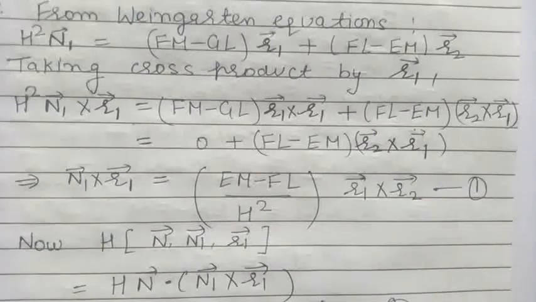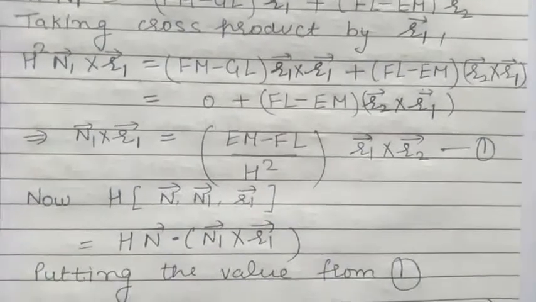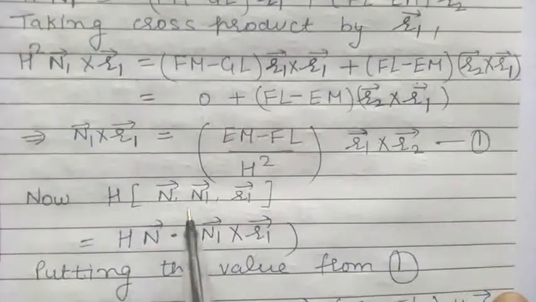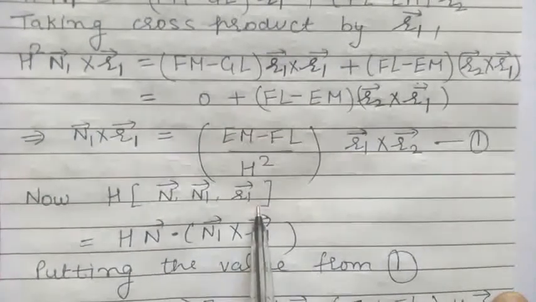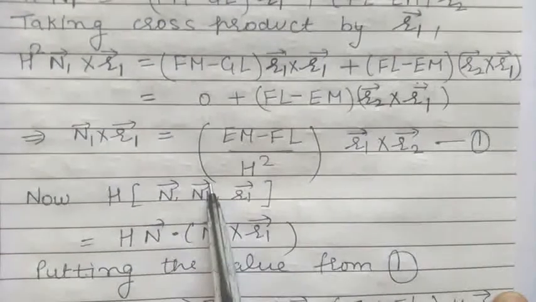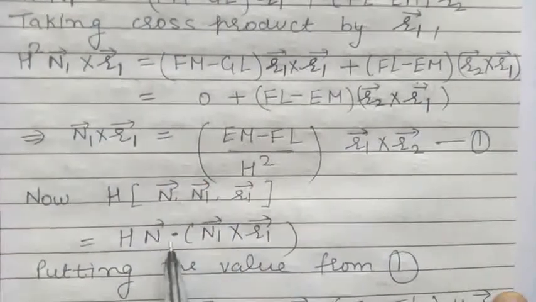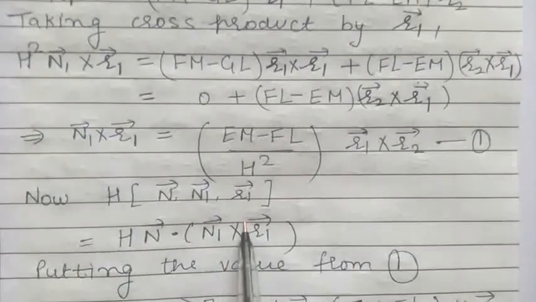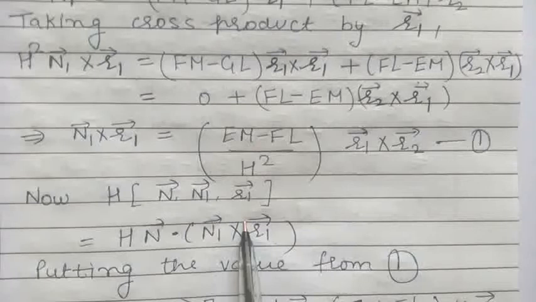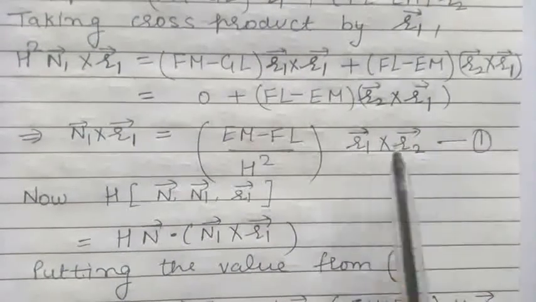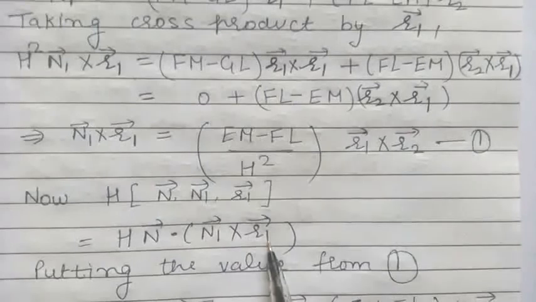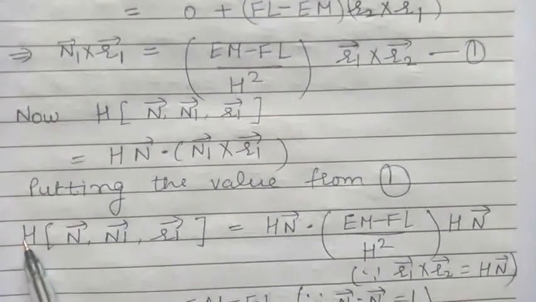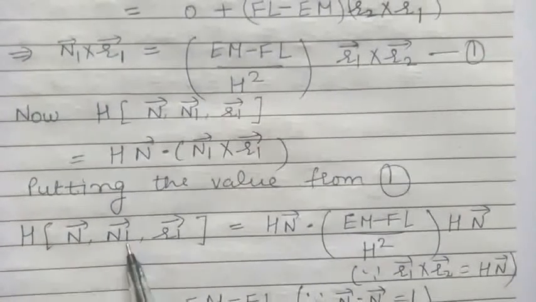Now let us start from the first part which we are required to prove. We are to find the value of the product of H and the scalar triple product of vector n, vector n1 and vector r1.